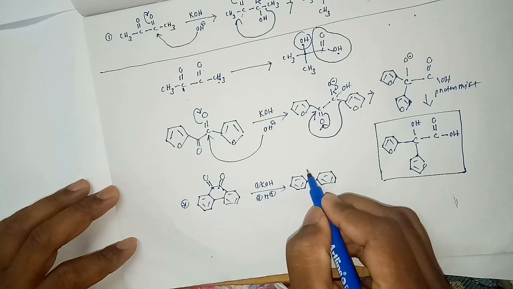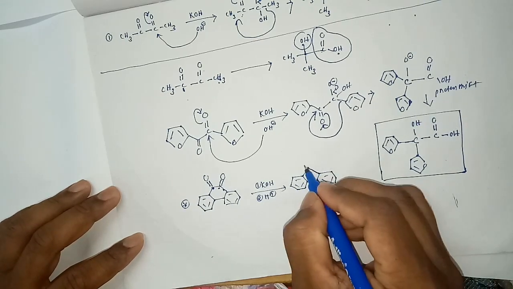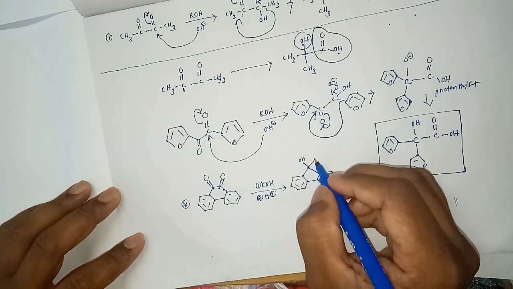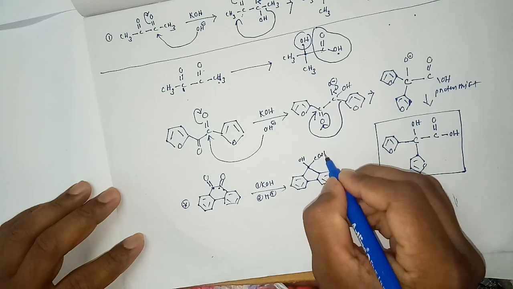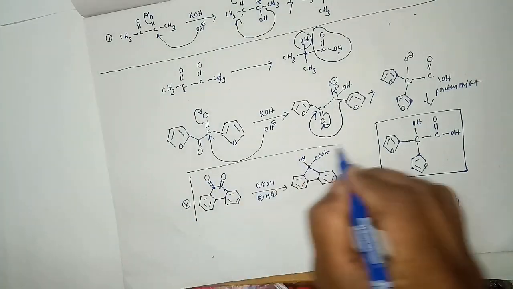This is the OH group and this is the COOH group that will be formed. So this is the final product. These are some examples of benzylic acid rearrangement.